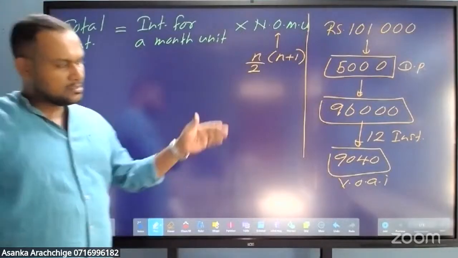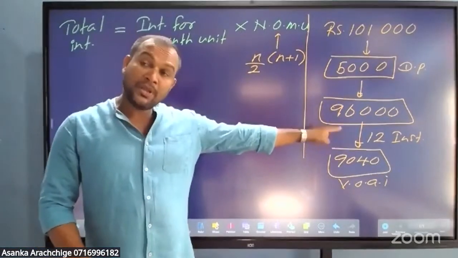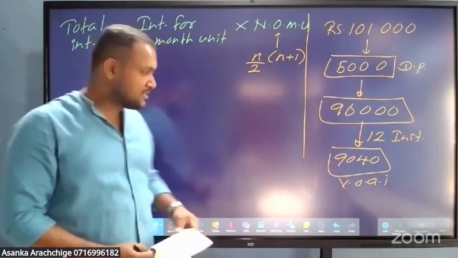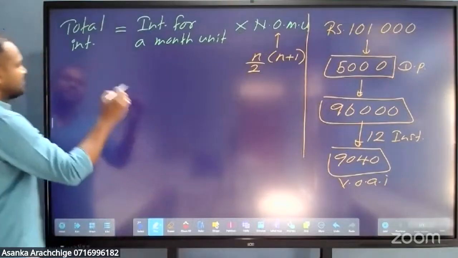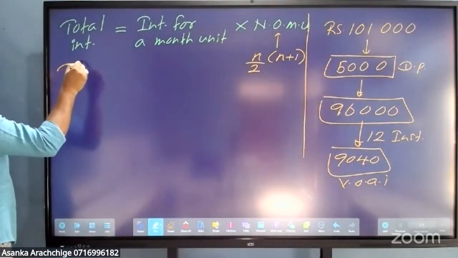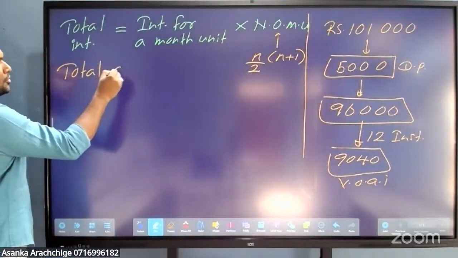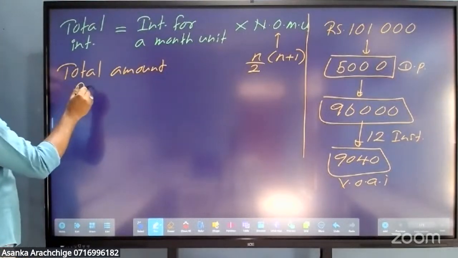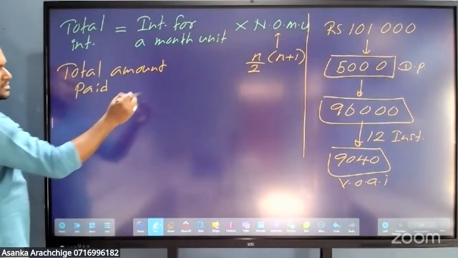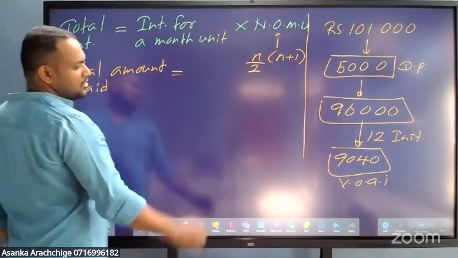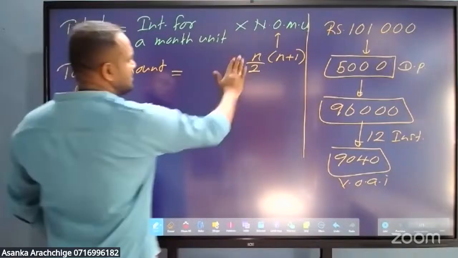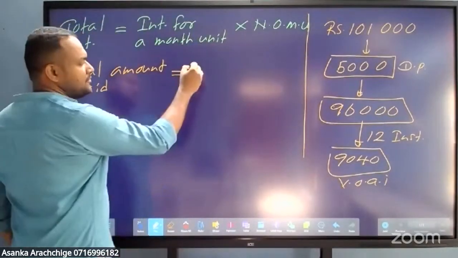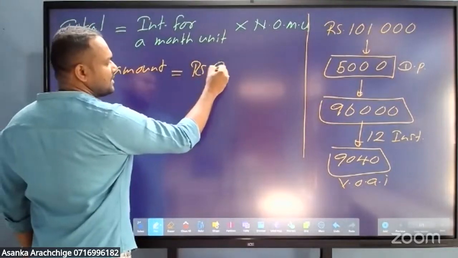And this lady pays 12 such payments. Then you can find the total amount paid in 12 installments. That is, the value of one installment is 9,040 rupees.